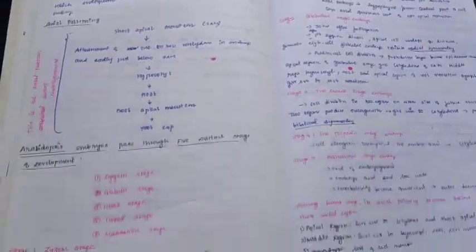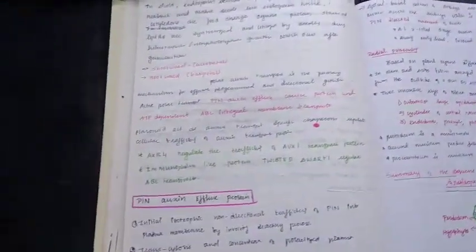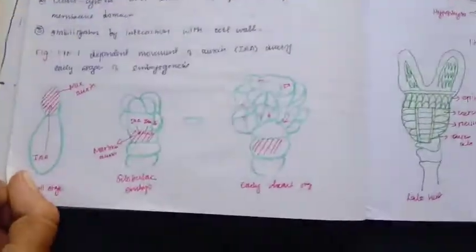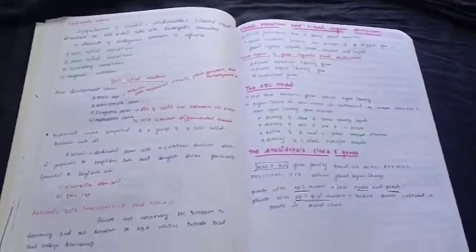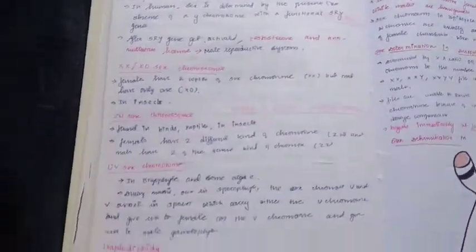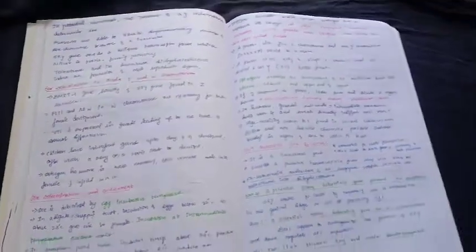So embryogenesis in plants and all, I'll refer to twice. That's why I have written them clean. So I can keep this notebook for plant physiology also now. ABC model of flower. So sex determination and all I will write along with the example, along with the diagram.